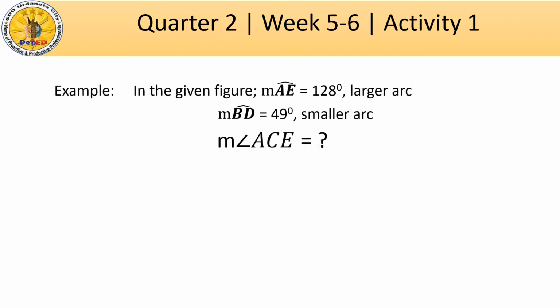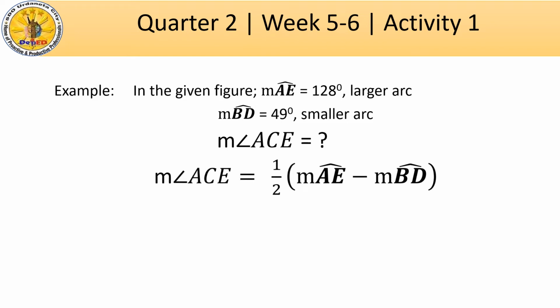In the given figure, if the measure of arc AE is equal to 128 degrees, which is the larger arc, and the measure of arc BD is equal to 49 degrees, which is the smaller arc, what is the measure of angle ACE?